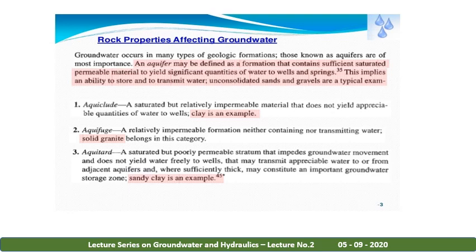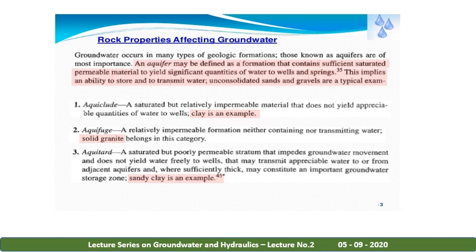They may get recharged directly from above through pores by precipitation and infiltration, or they may have the recharge area somewhere else on the earth's surface. The amount of water contained by an aquifer depends upon the porosity of the formation, while the amount of water that it can yield depends on its permeability.